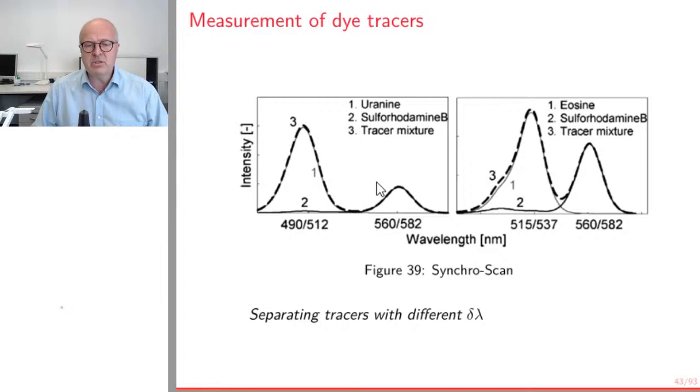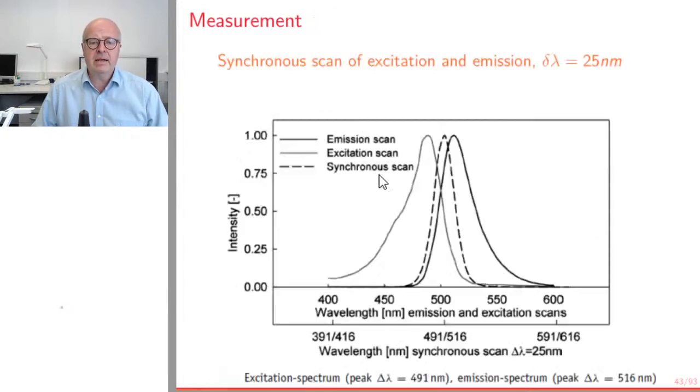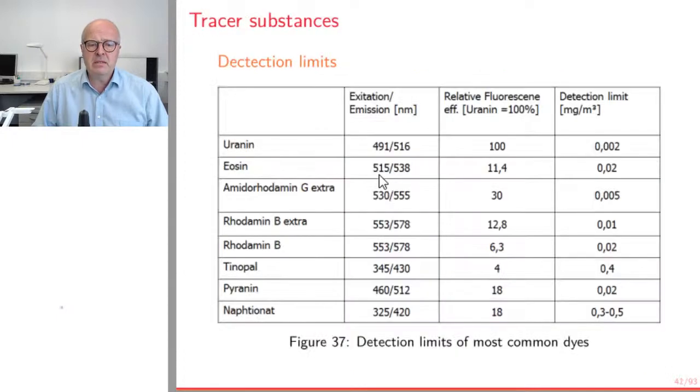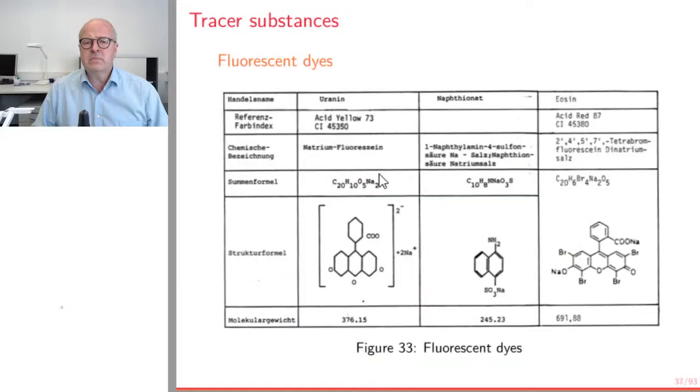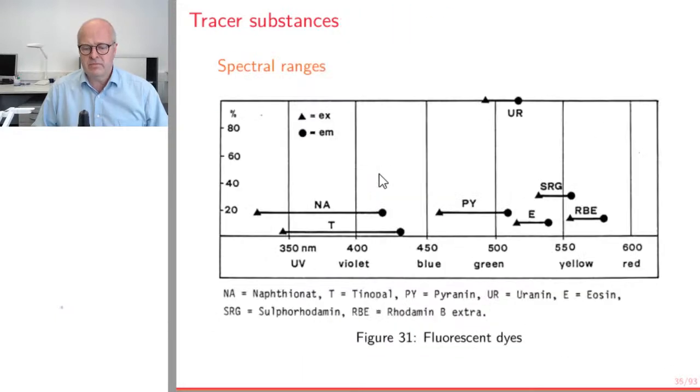So let's just remember sulforhodamine B, and let's go back to the table. And it's not in here, unfortunately. It's also not in here. This is not good, but it's in here. So we have SRG. So we actually get an excitation at 535, 555.